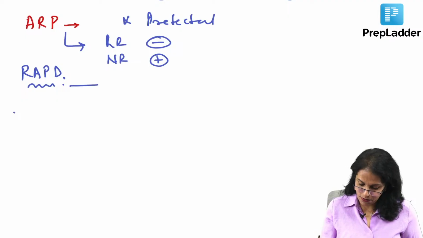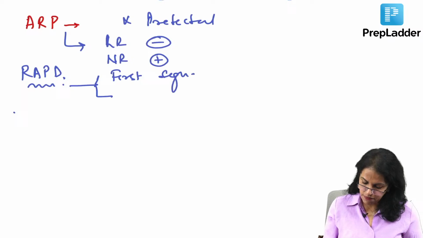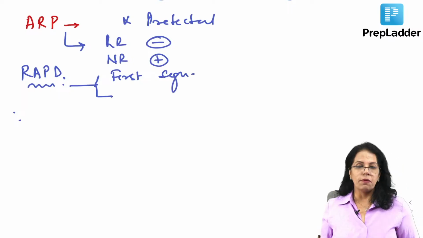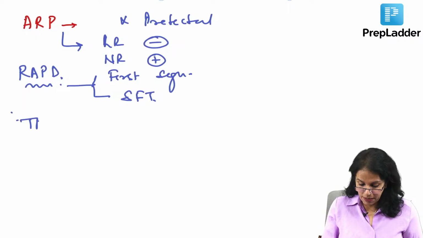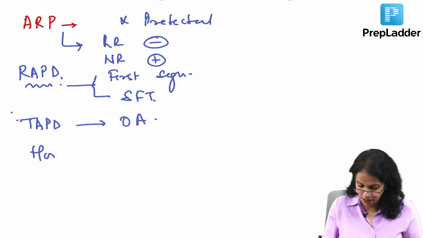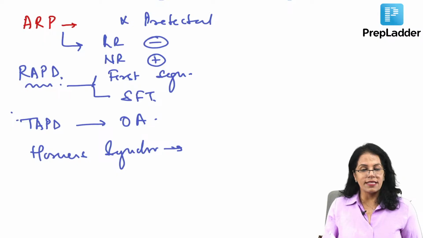What else you have to know? So, these 2 points, first sign. I think we have an image here of RAPD if I am not wrong. Can't remember. I'll just see. Okay, but let's run it. Swinging flashlight test. What else? We talk about TAPD, which is seen in optic atrophy, and of course we have to talk about Horner's syndrome. Will not forget this. Horner's is the lesion in the sympathetic chain.